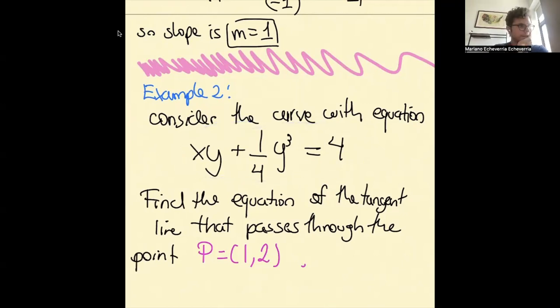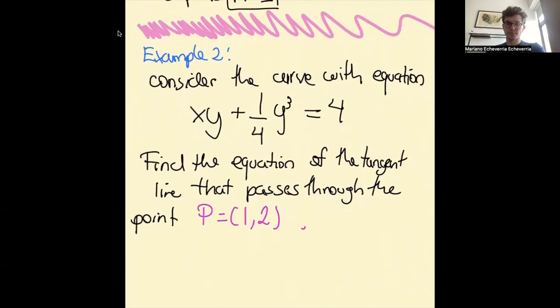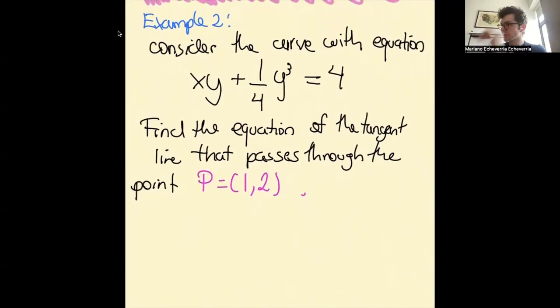Okay, just as a remark before we start with this equation: if you try to solve for y, that is not an easy thing to do. It's not like the previous equation, the circle, where it was kind of easy to solve for y.